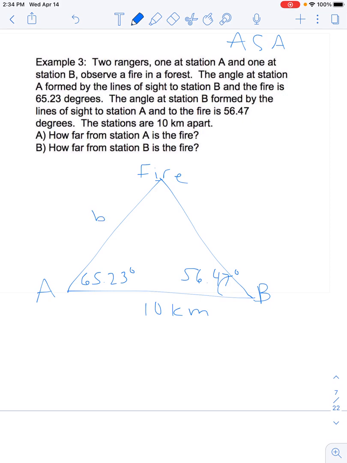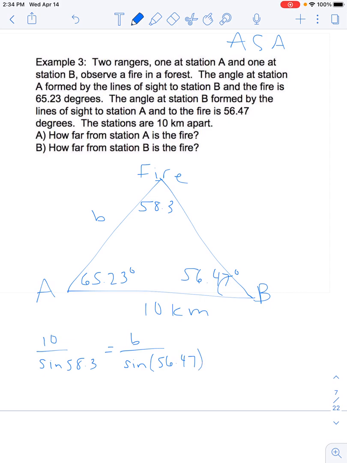I am going to use the triangle sum theorem, that all the angles add up to 180, to figure out that this angle must be 58.3. Always use the angle and the side that's opposite that angle.